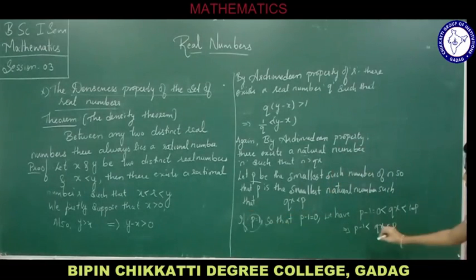So we got p minus 1 less than q into x, which is less than p.